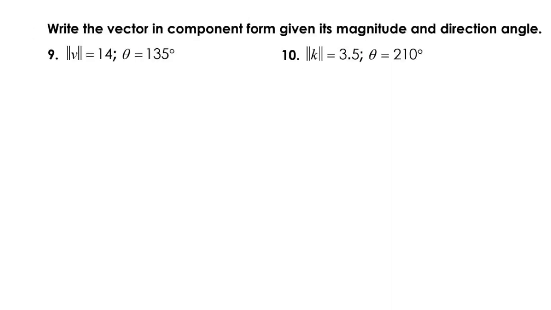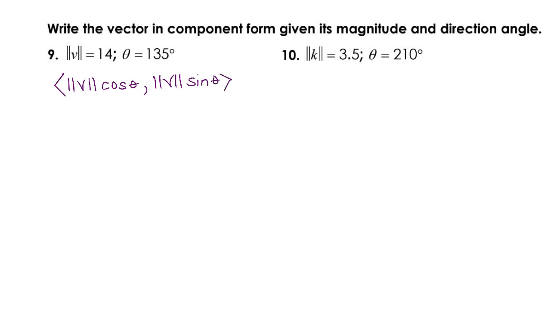Okay, for this next set, we have a vector that we need to write in component form, and we're given the direction angle and the magnitude. Remember, the formula for that is the magnitude of vector v times cosine of our direction angle, comma, magnitude of vector v times sine of our direction angle.